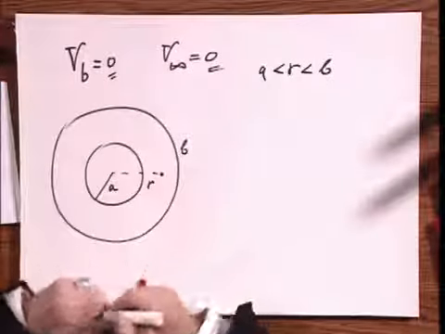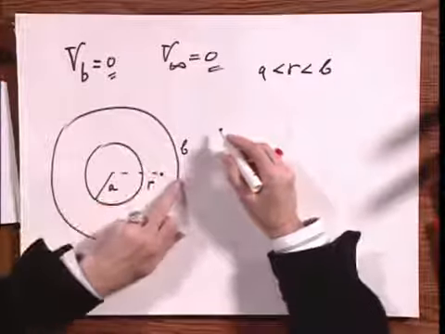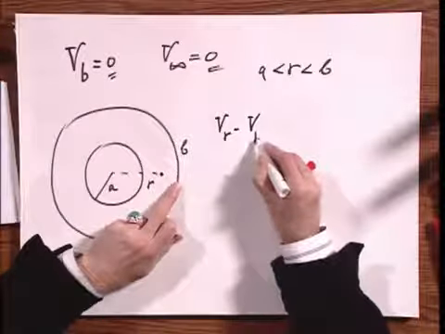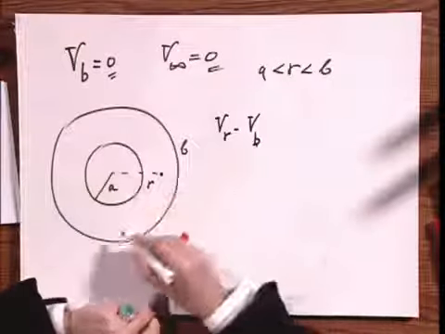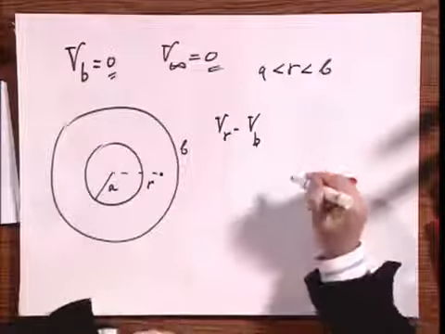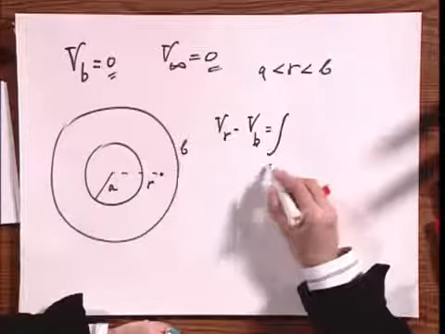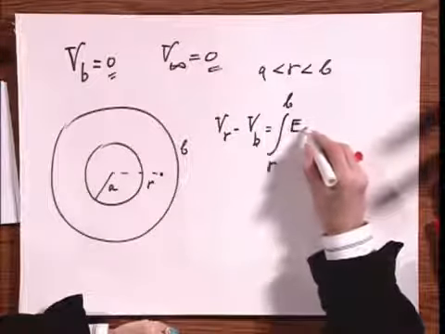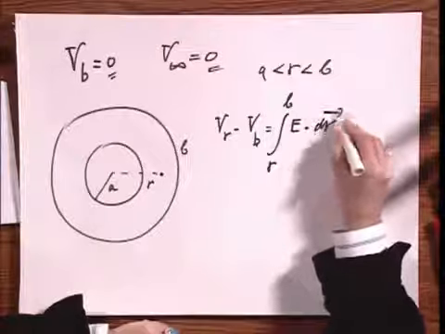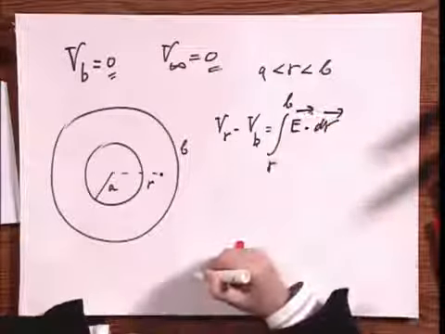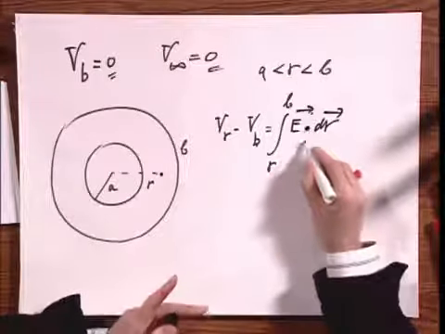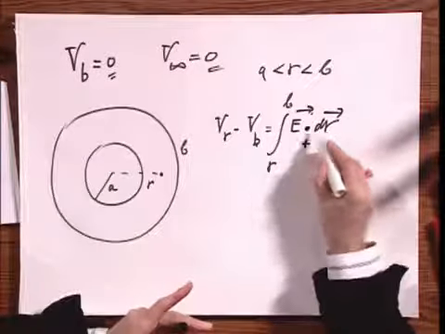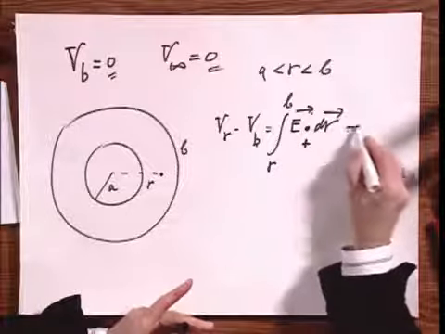Well, if I go from here to there, and I use my shorthand notation, V of r minus V of B, B is any point then on this cylinder, that equals the integral in going from r to B of E dot dr. The dot becomes a plus 1 because the cosine of the angle between E and dr is plus 1, so I don't have to worry about that.